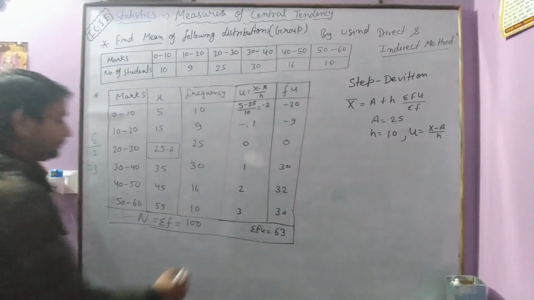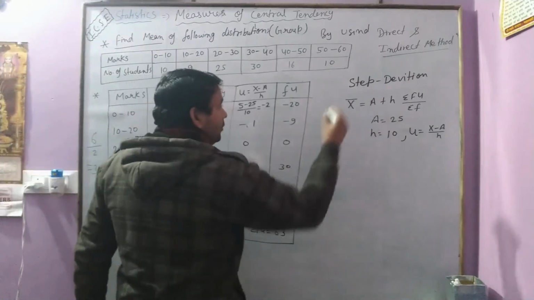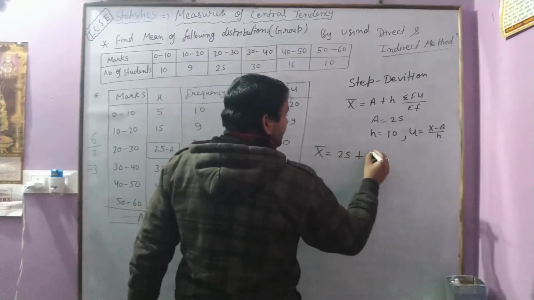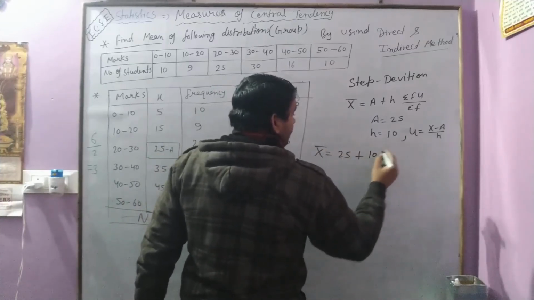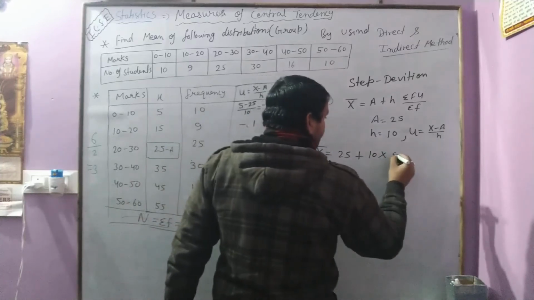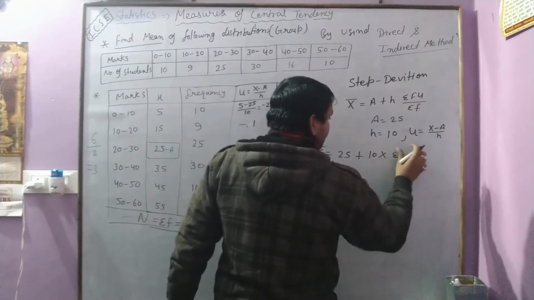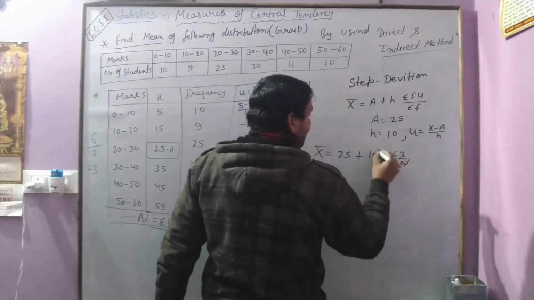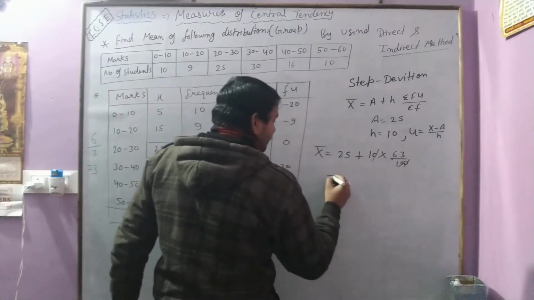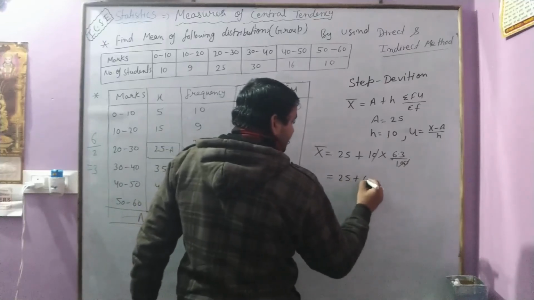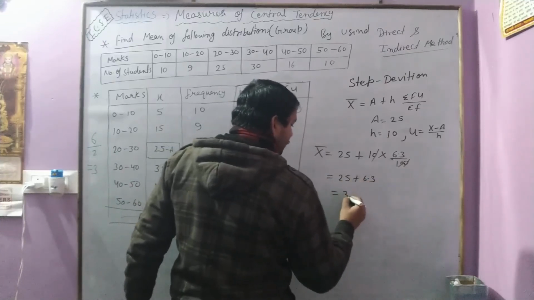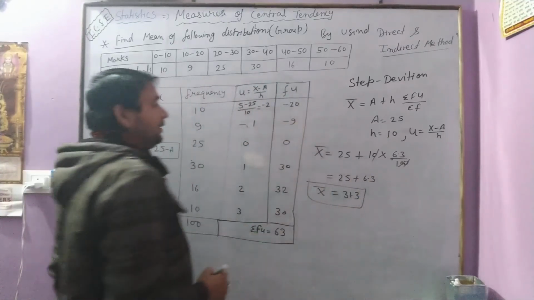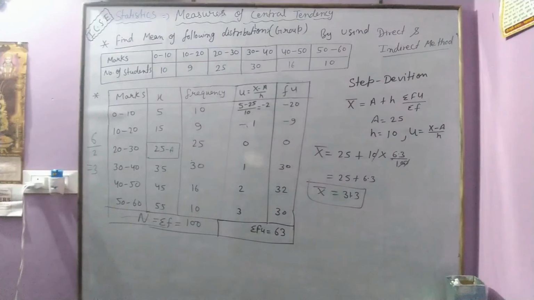Now by using all these values in the mean formula, 25 plus 10 into 63 upon 100. This 100 cancels this point. So we will get 25 plus 6.3 is equal to 31.3. This is how you calculate the mean by using the step deviation method.